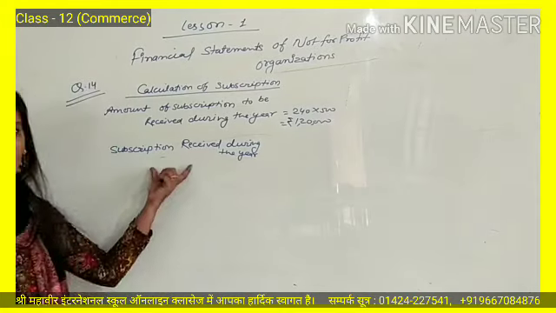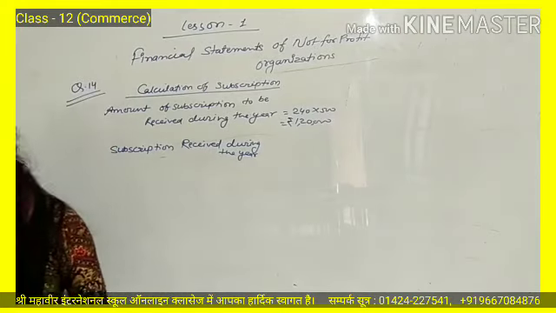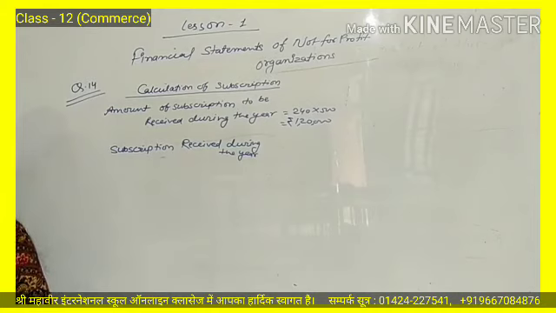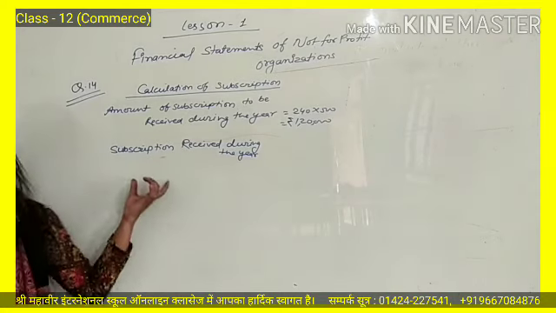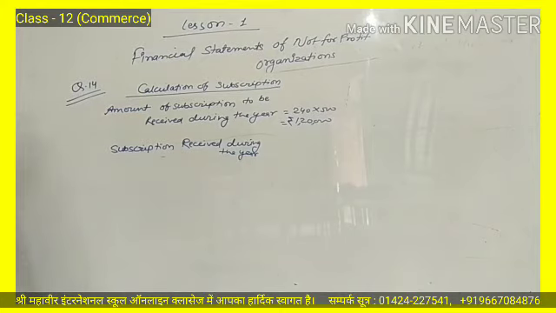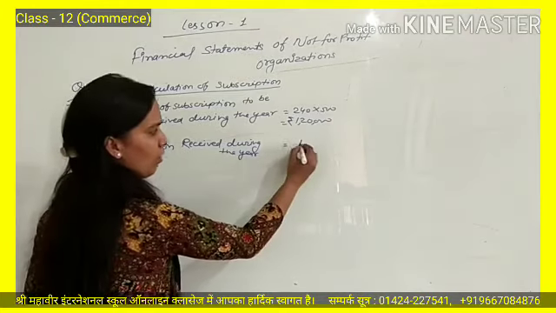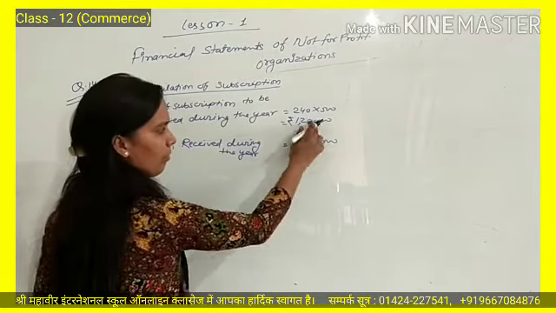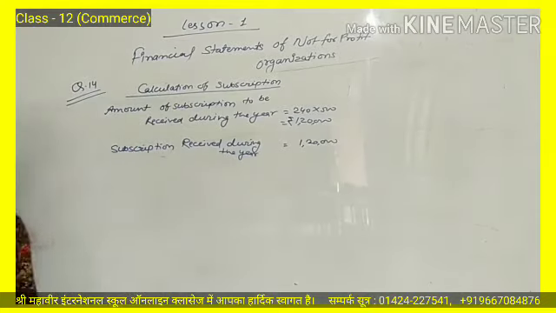Here I will write only the current year subscription that you actually received, 1,08,000. 1,08,000 is for the current year, 5,000 is for last year, and 3,000 is for next year. So your total subscription is 1,16,000. Subscription to be received is 1,20,000. This is the actual subscription of the current year.